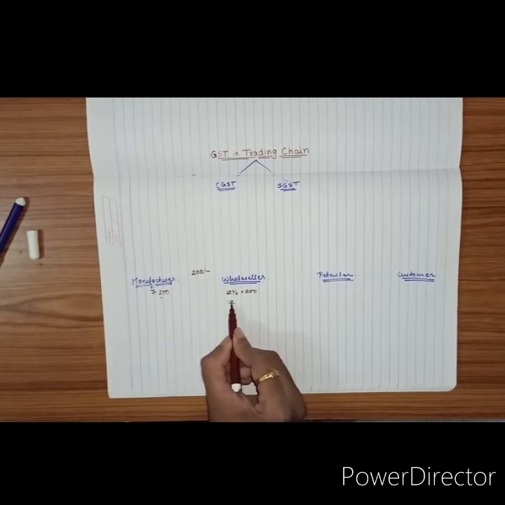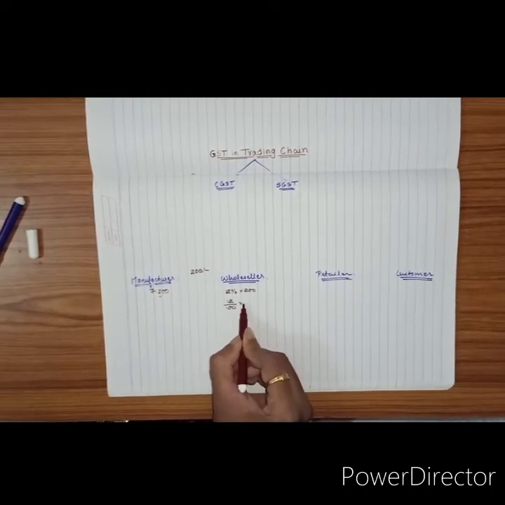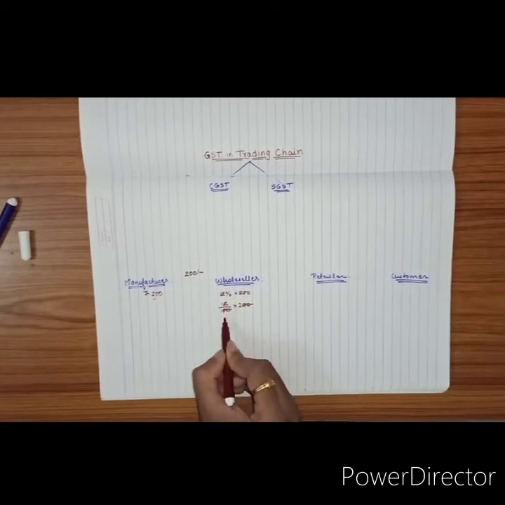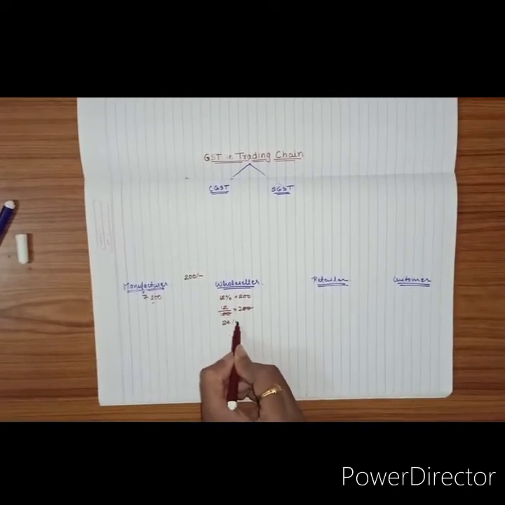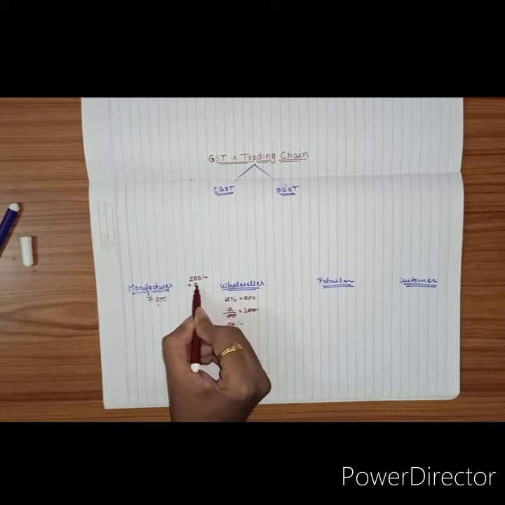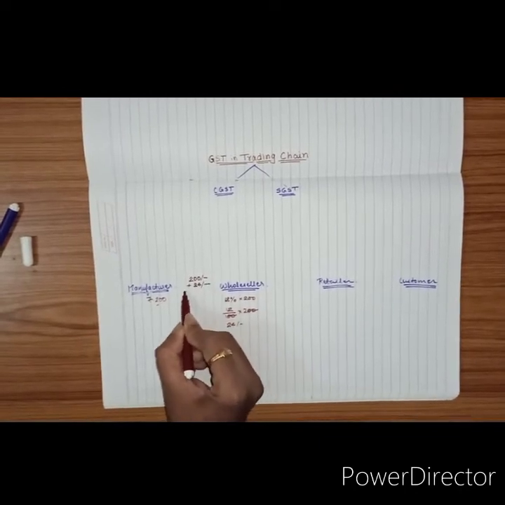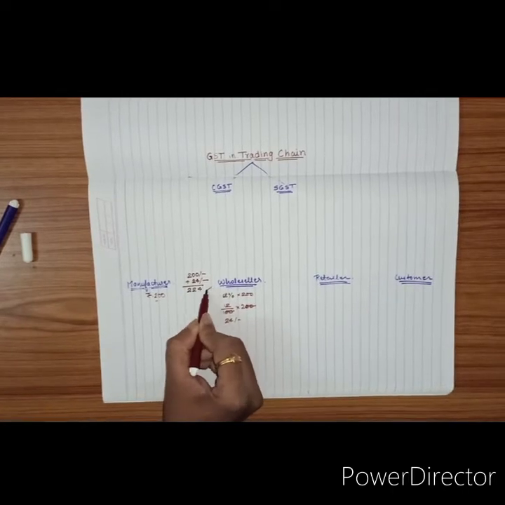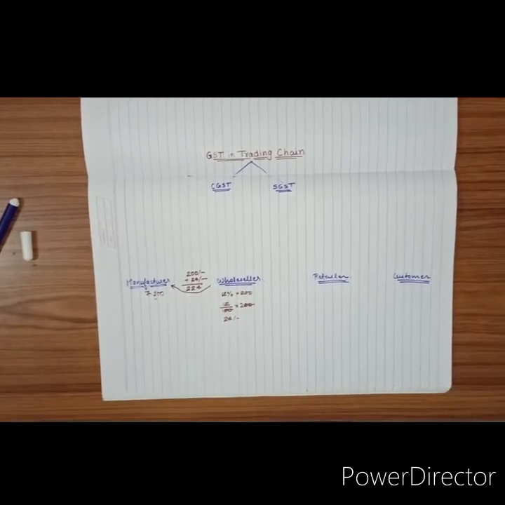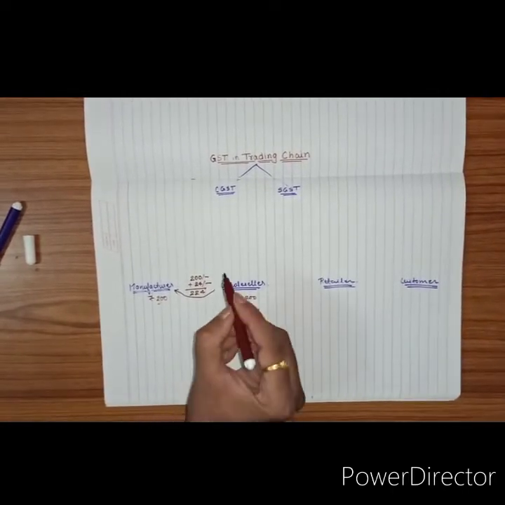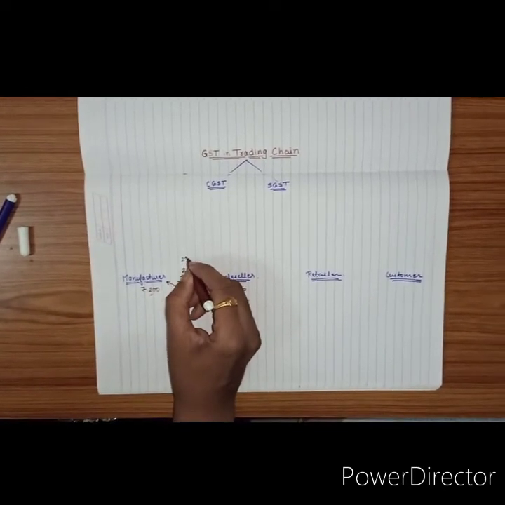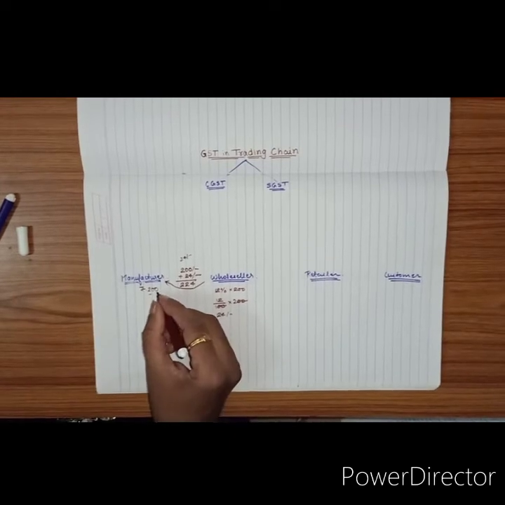12% of what? 200. So let us calculate that 12% of GST he is going to pay on 200 rupees. That is 12 upon 100 into 200. So these two zeros have gone. So 2 into 12 is 24. So 24 rupees he is going to add, and total 224 rupees this person is going to pay to the manufacturer. Understood? Now this 24 rupees, whatever he has given, 24 rupees is the GST.